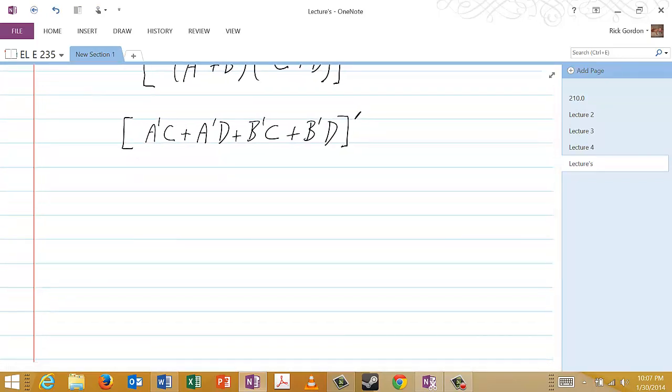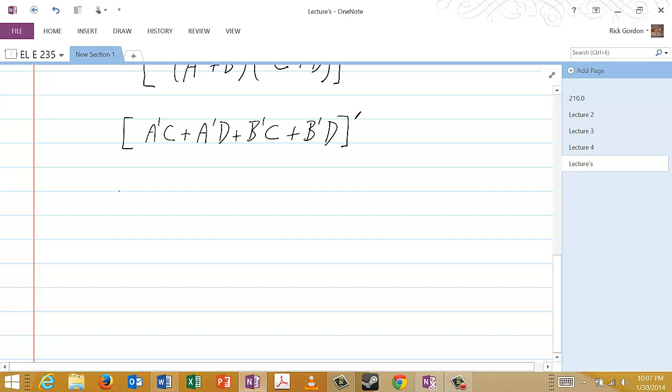Now, notice that what we have on the inside of the brackets is a sum of products, and we want to take the complement of that sum of products. So here again is a chance for us to use De Morgan's theorem, where we say that the complement of a sum is the product of the individual complements.